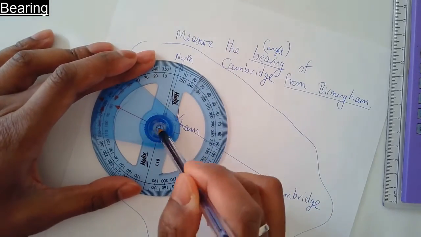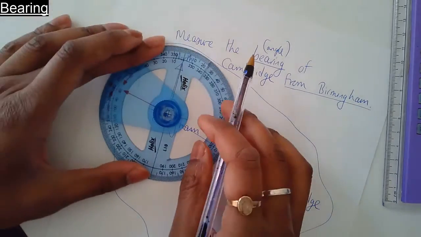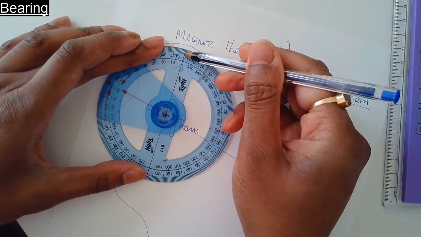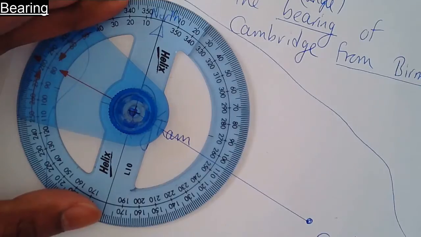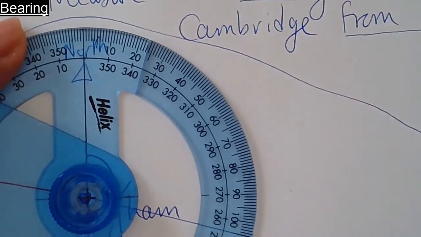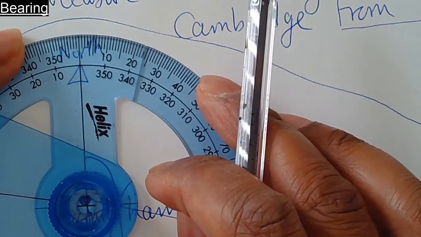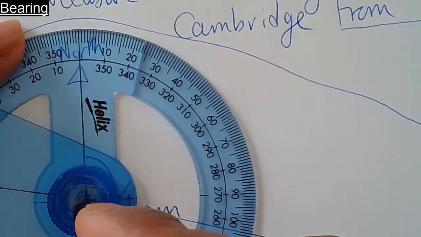So put the cross over here, the center of the protractor right there, and then line up the 0 degree. That's 0. There now, there's 0, and make sure it's centered properly.